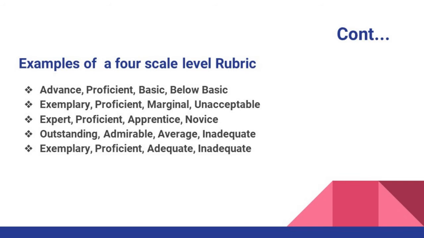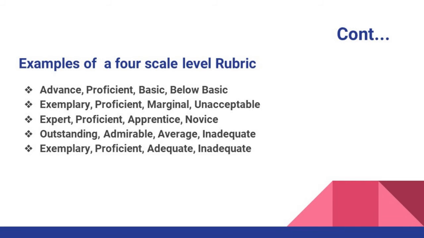There is another example, outstanding, admirable, average, inadequate. Exemplary, proficient, adequate, inadequate. So this is stage 4, where the labels are fixed.